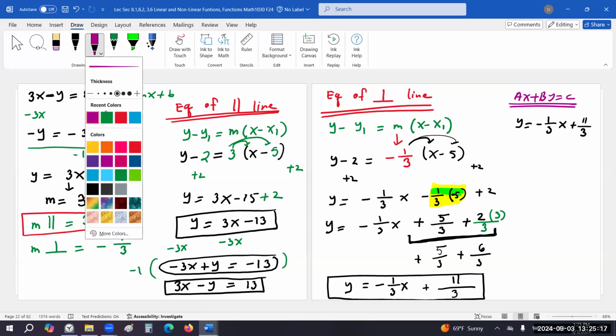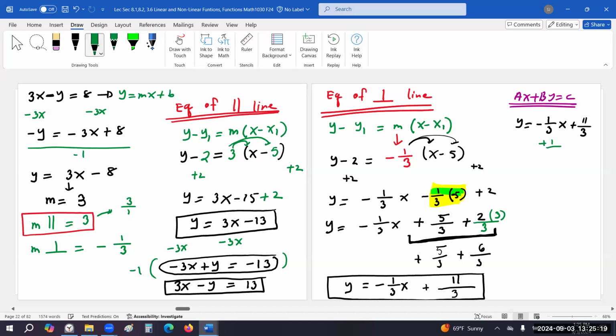We add the 1/3 x to both sides. So 1/3 x plus y is 11/3. This time you're happy, our x is positive, but you're still unhappy because of the fraction. We don't want the 3 on the denominator. So we are going to multiply everything by 3.